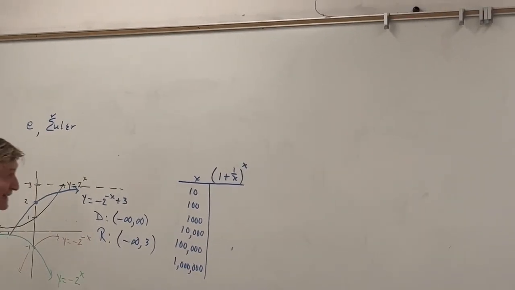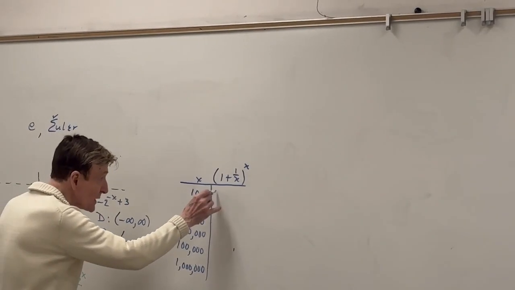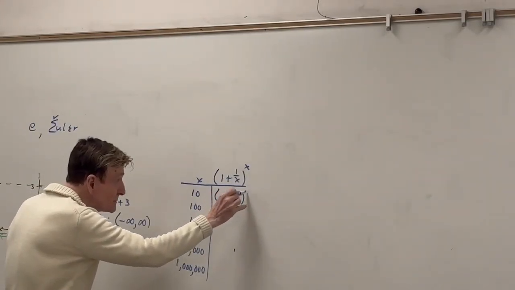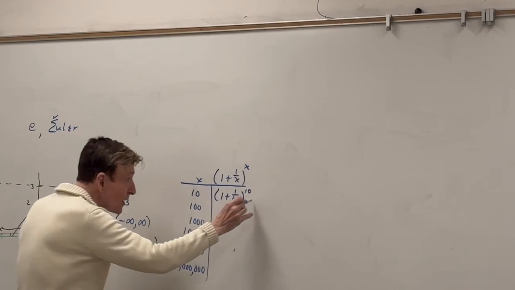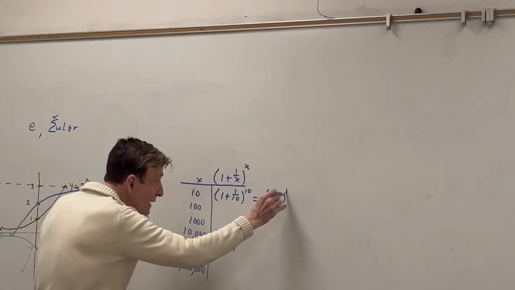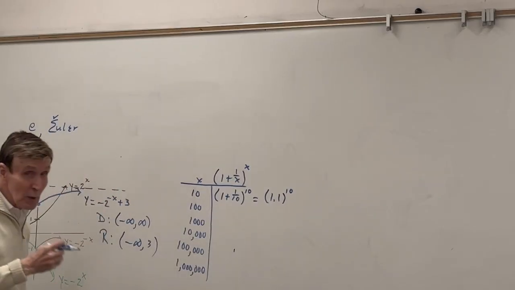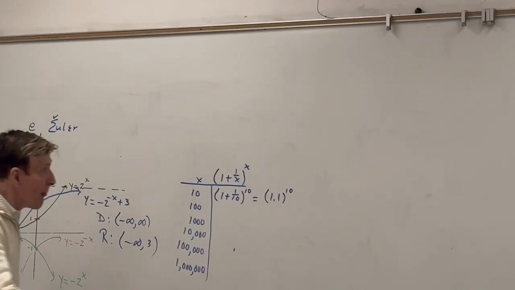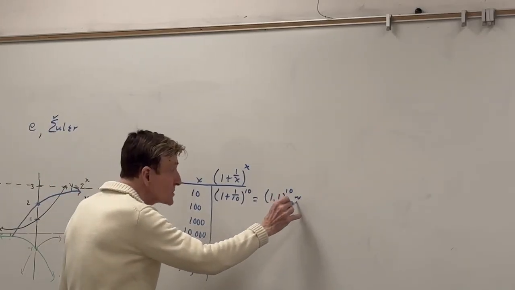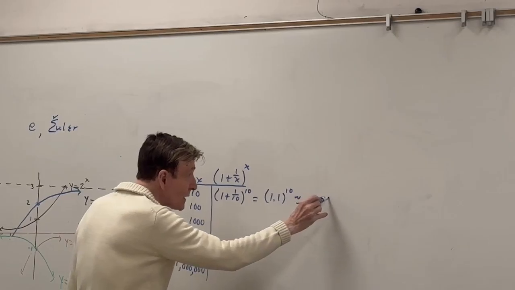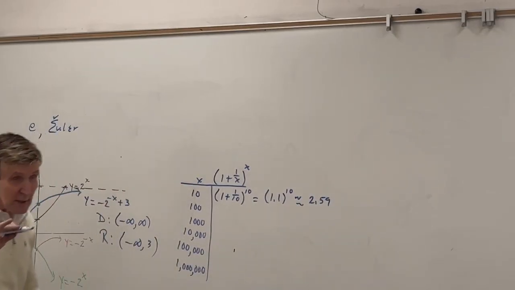If I start with 10 in that strange expression, it might be wise, since he's going to use a calculator, to put it as 1.1. Mr. Park, see what 1.1 raised to the 10th gives me. It's 2.5937. Ask for more digits later on.